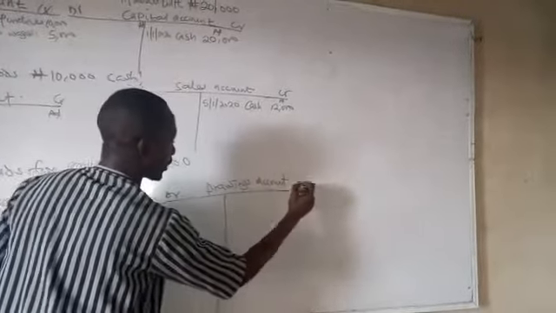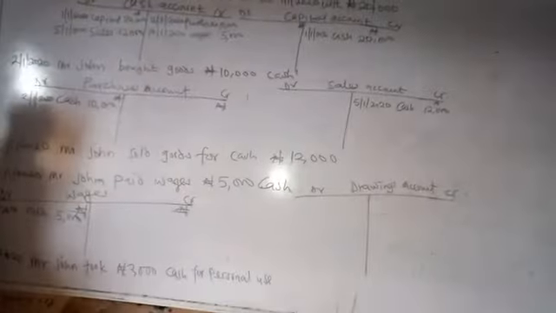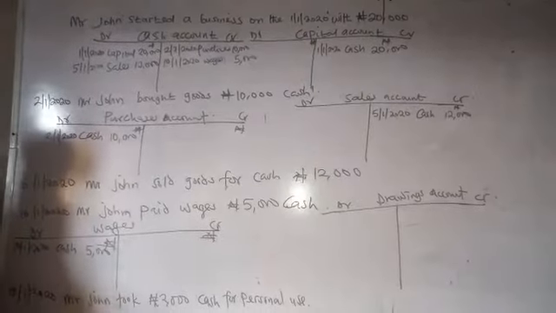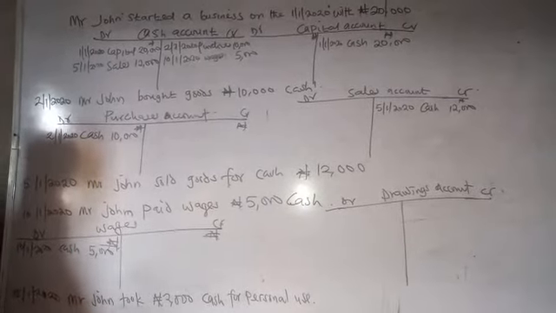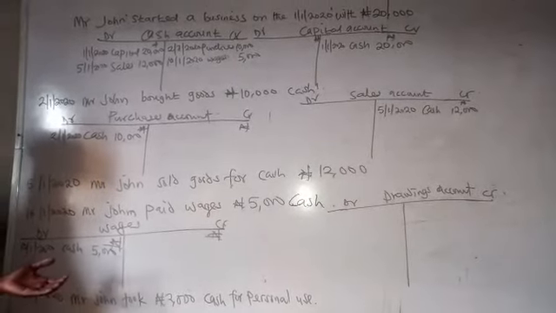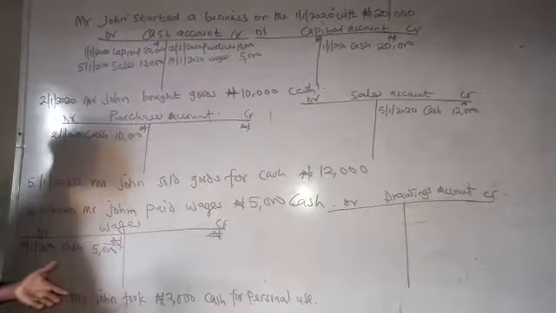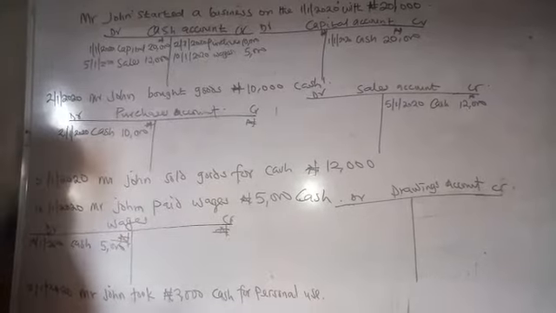Debit drawings, credit cash: drawings, 2,000 naira cash. Let's see it this way. If Mr. John has hired the service of an apprentice, or a sales boy, who he is paying wages to, and he asks the sales boy, please, can I have 2,000 naira from there?